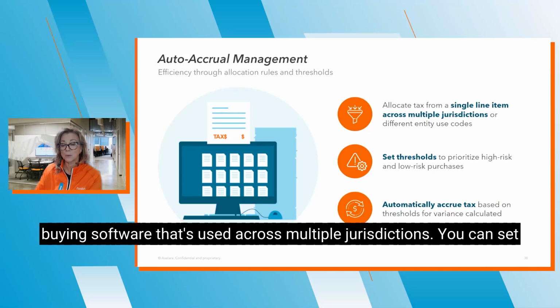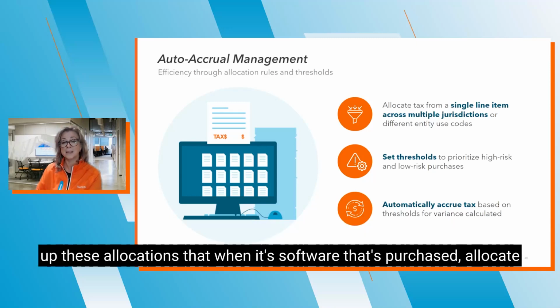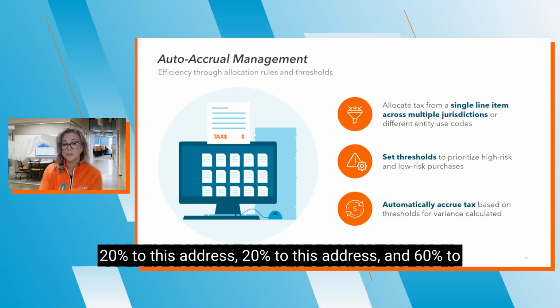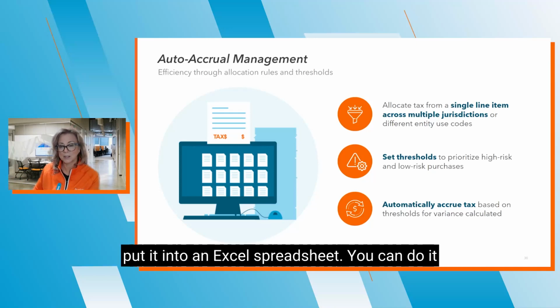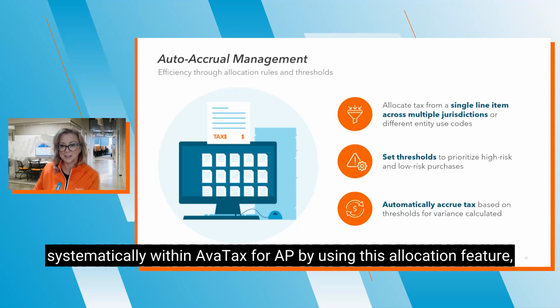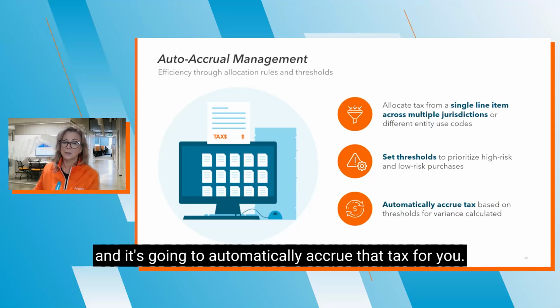Maybe you're buying software that's used across multiple jurisdictions. You can set up these allocations that when it's software that's purchased, allocate 20% to this address, 20% to this address, and 60% to this address. So you're not having to export this information, put it into an Excel spreadsheet. You can do it systematically within AvaTax for AP by using this allocation feature. And it's going to automatically accrue that tax for you.